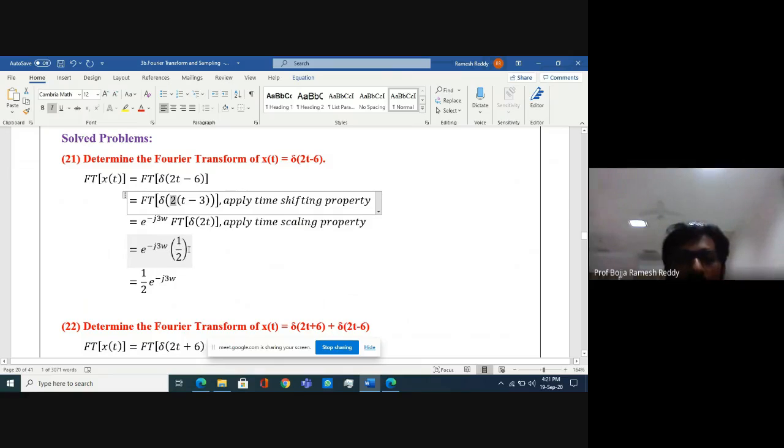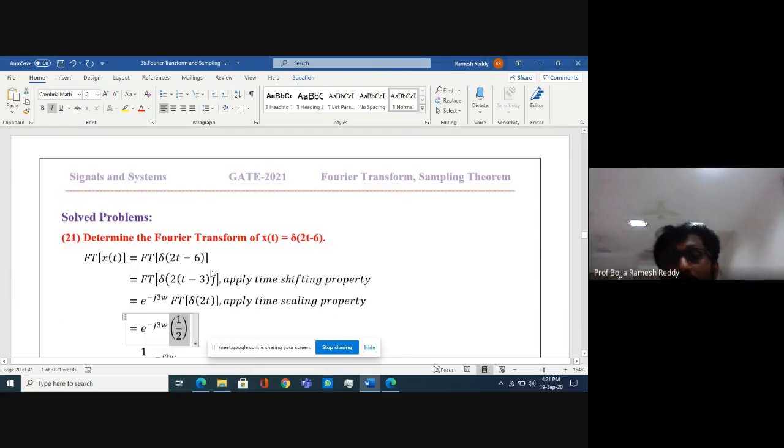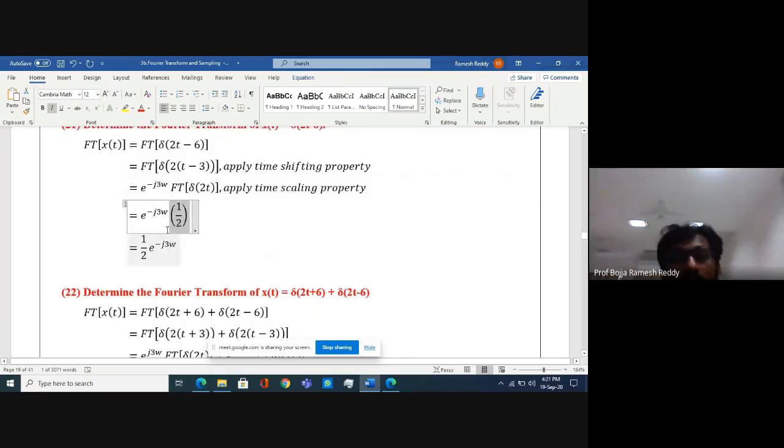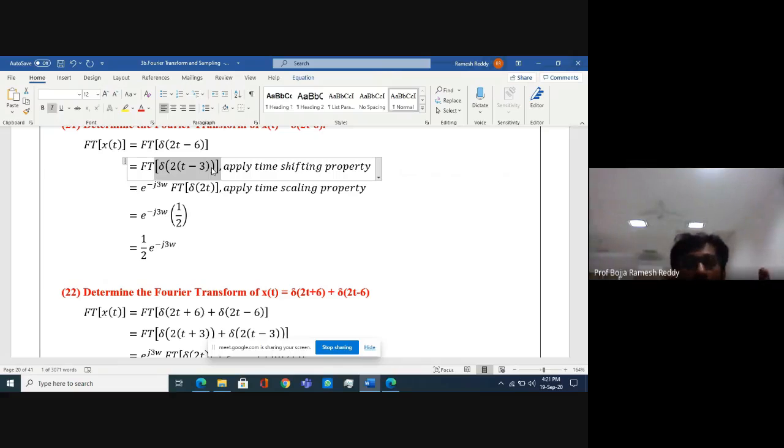It is the product of 1 by 2, the outcome of the time scaling operation from the previous property, 1 by a, and e power minus j3 omega. The time domain signal is shifted by 3 units, so in the frequency domain it is multiplied with a complex exponential term according to the time shifting property.